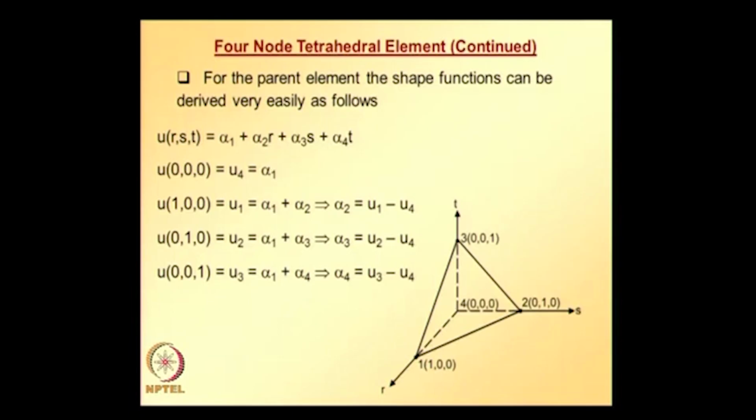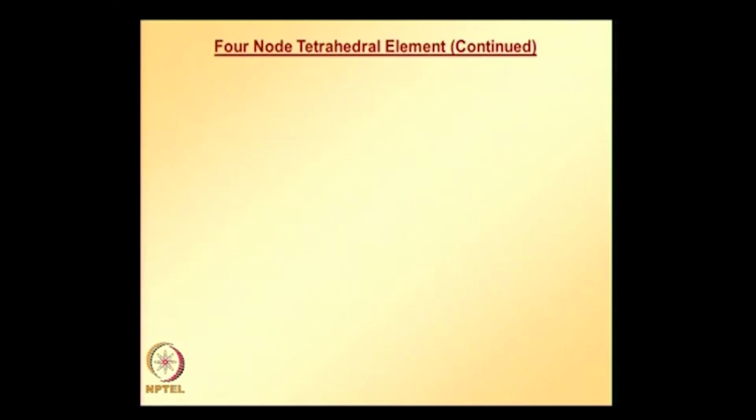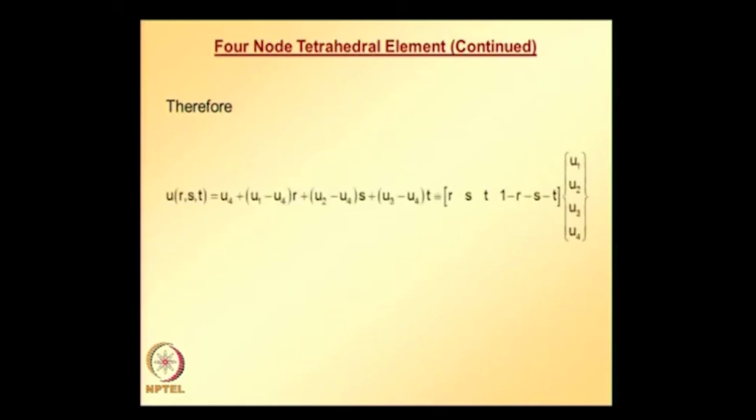So, finally, we have 4 equations in terms of alpha 1, alpha 2, alpha 3, alpha 4, and substituting these values back into the trial solution, we get this, which can be written in a matrix and vector form as shown on the right hand side of the given equation.